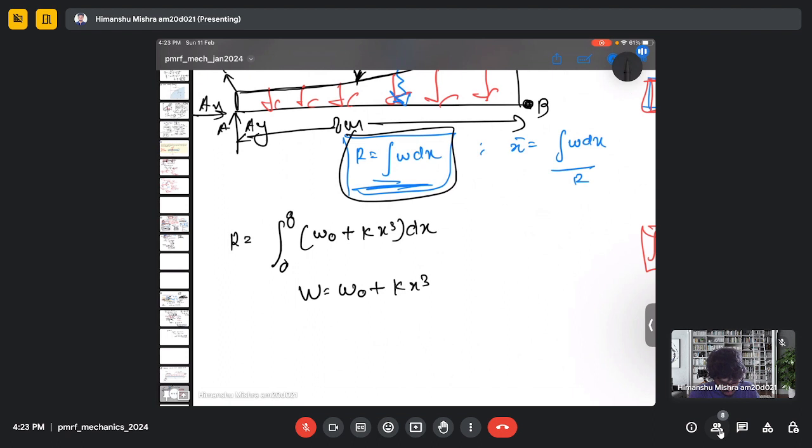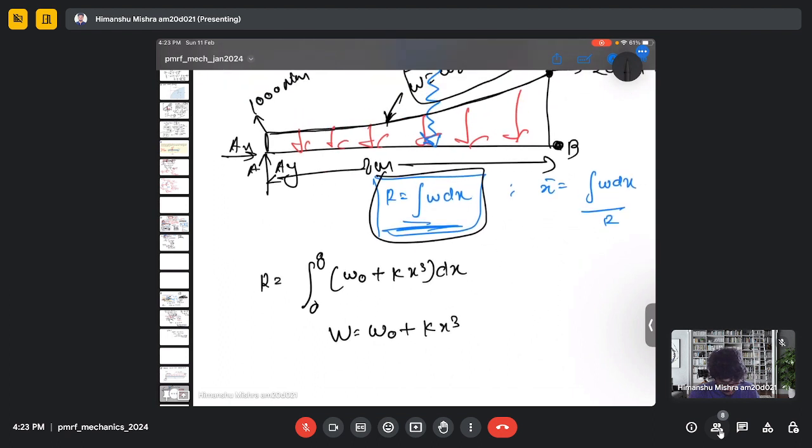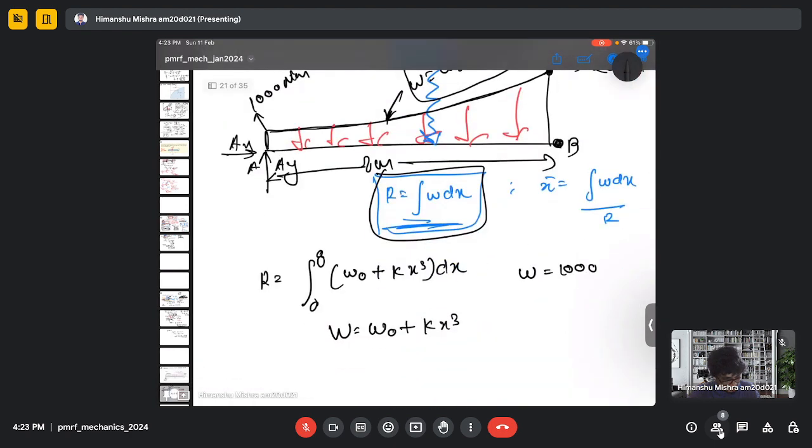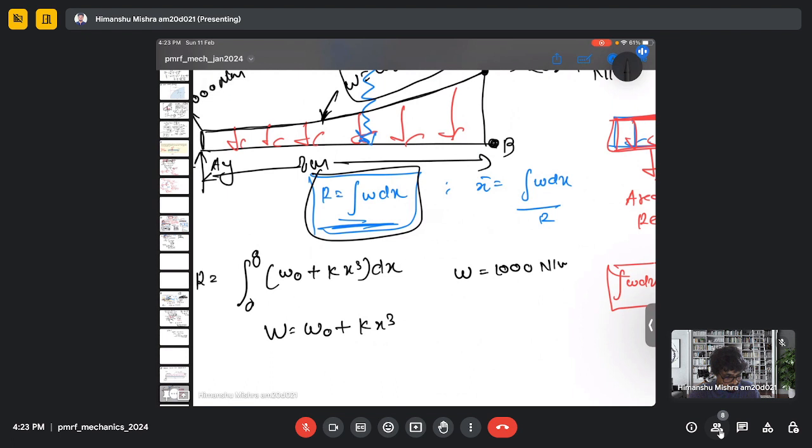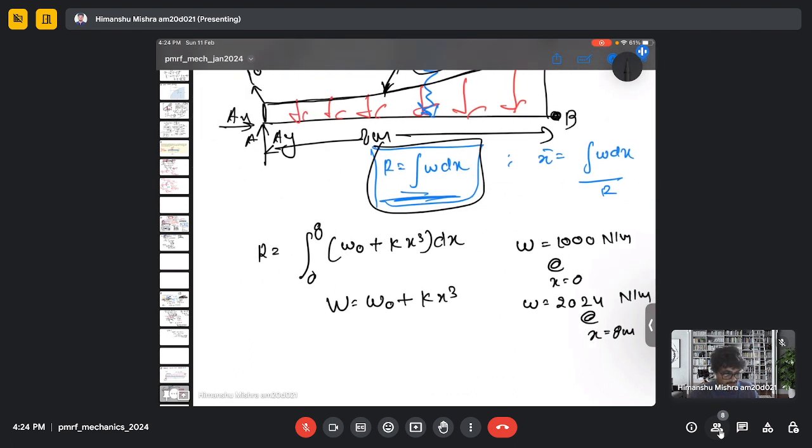So W is 1000 Newton per meter at x equals 0, and W is 2024 Newton per meter at x equals 8 meter. So one by one, we need to put this condition here in this expression.